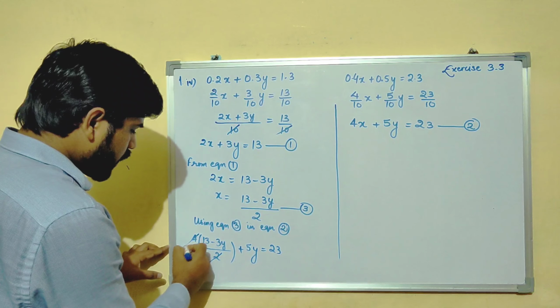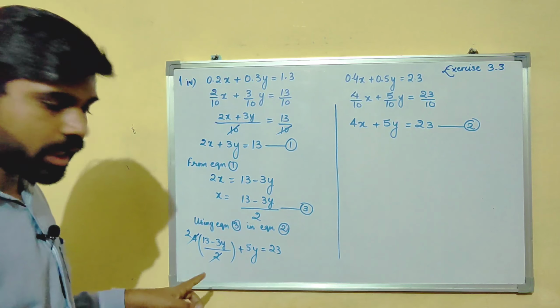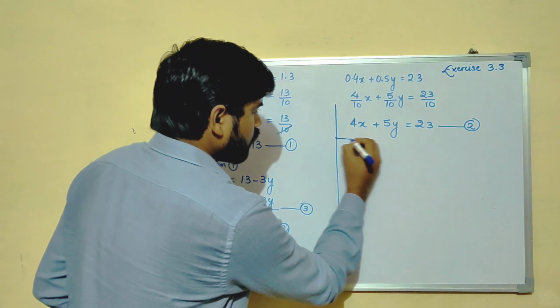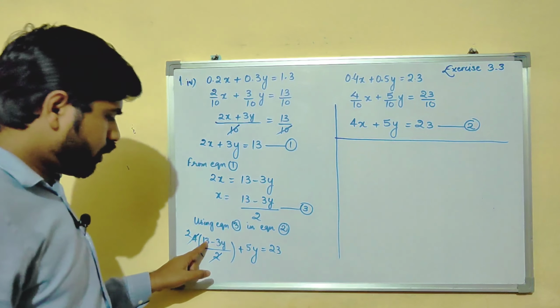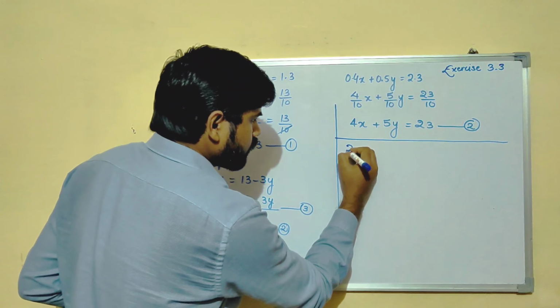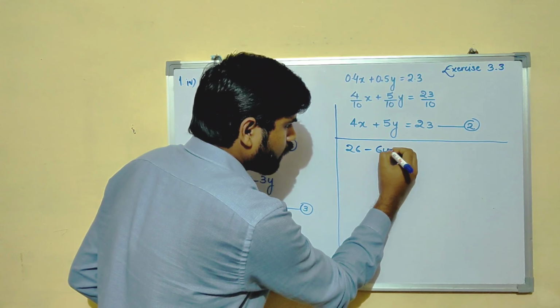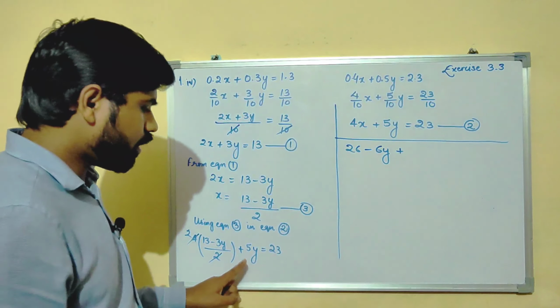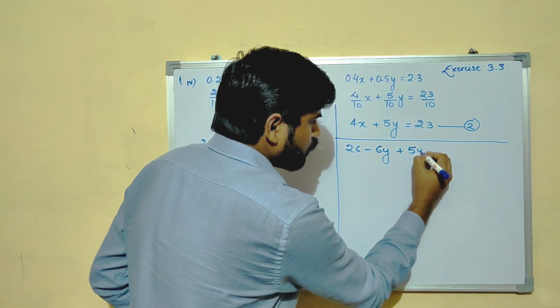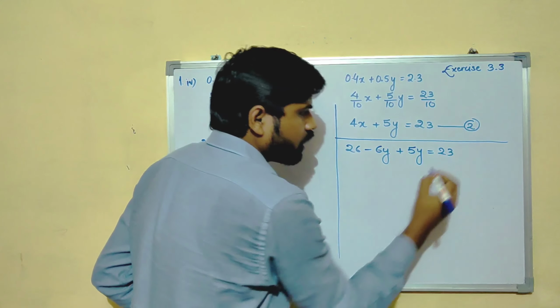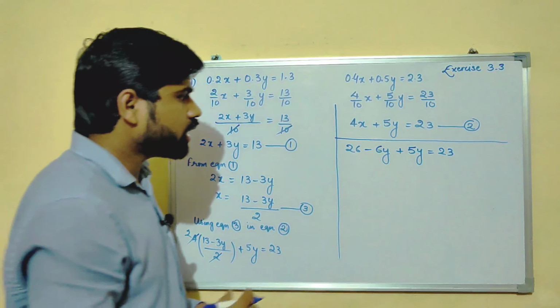Now this 4 will be cancelled by 2 twice, right? So you will be left with 2 times 13 is 26, minus 2 3s are 6y, plus 5y equals 23. Is that clear? Now let us solve further.